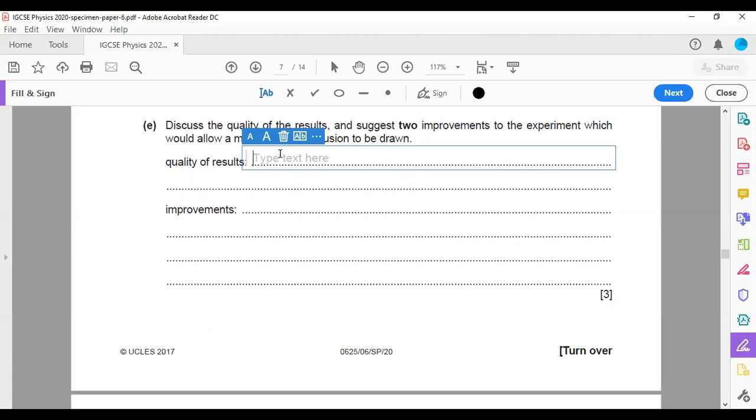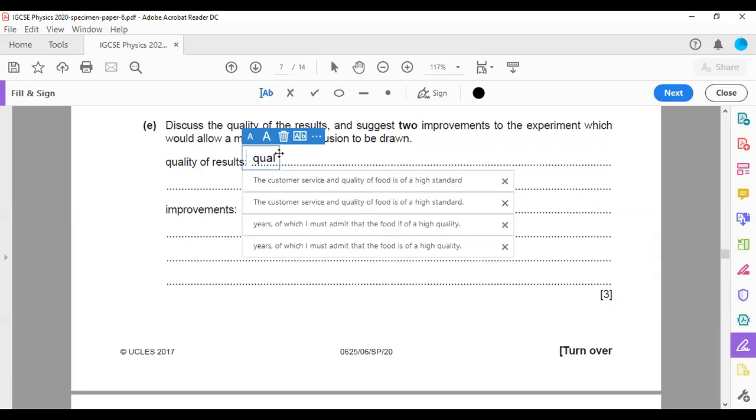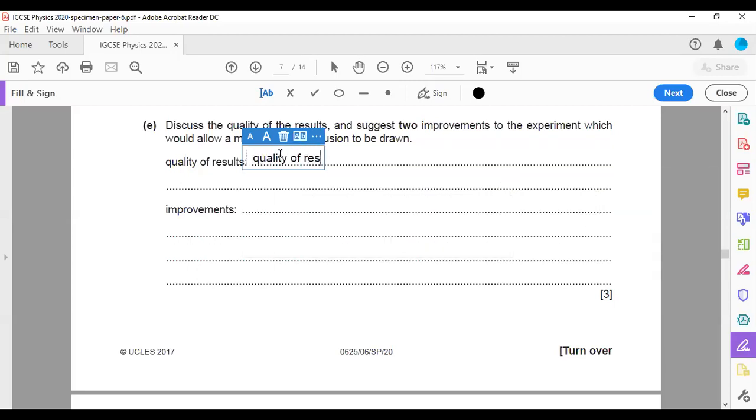So the quality of results is poor due to the small temperature differences.